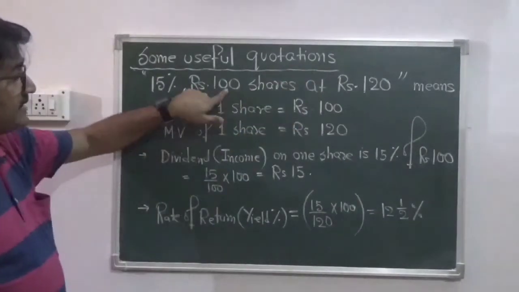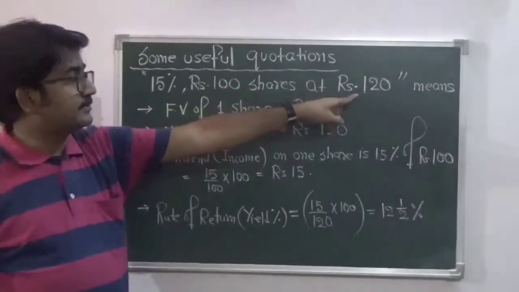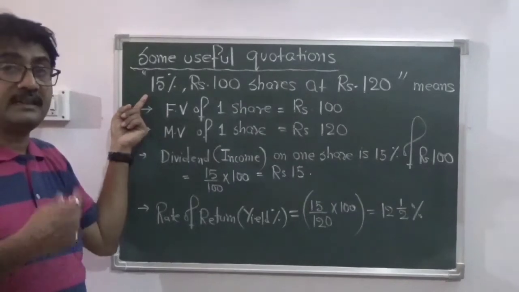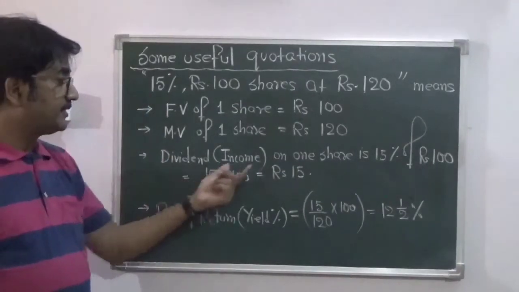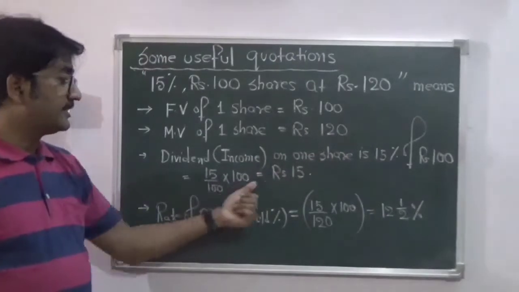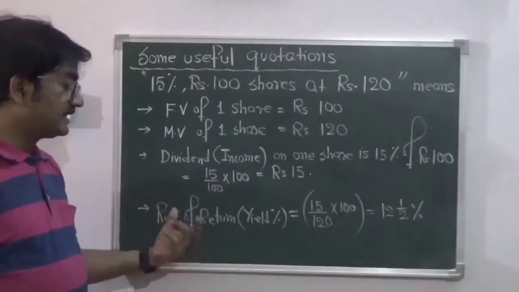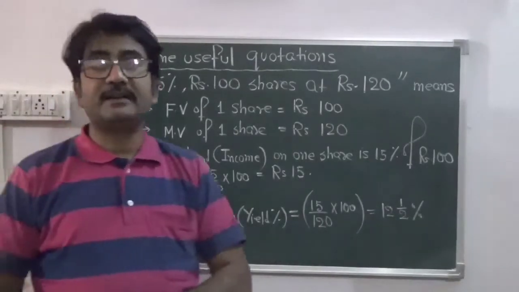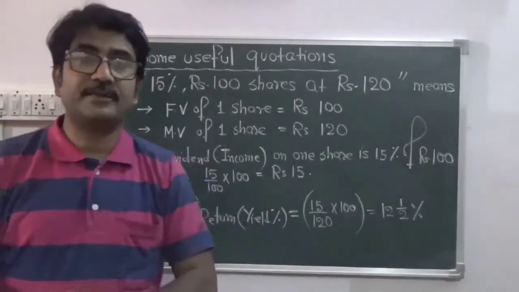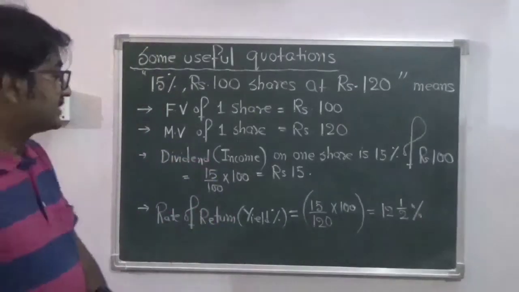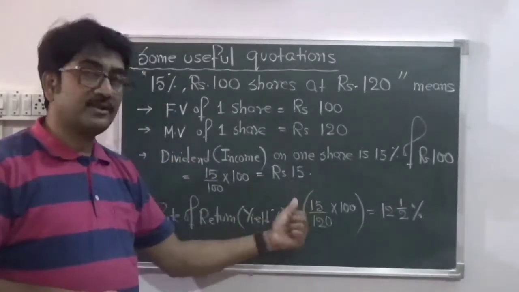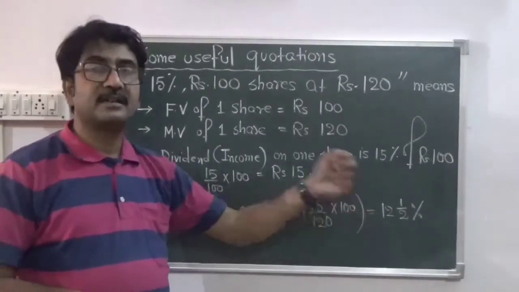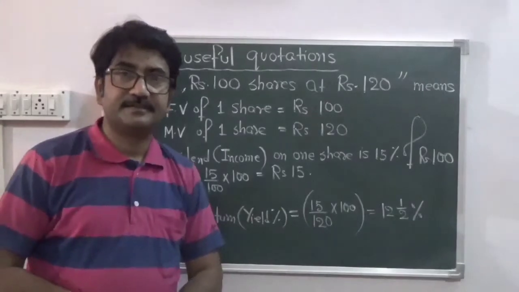That means 100 is the face value, rupees 120 is the market value, 15% is the dividend percent, which is calculated on the face value, that is 15% of rupees 100, that is rupees 15. And finally the rate of return, that is the profit percent, because you are investing and your investment is the market value, so the rate of return is 15, the profit, divided by the investment, that is 120, into 100, that is 12.5%.